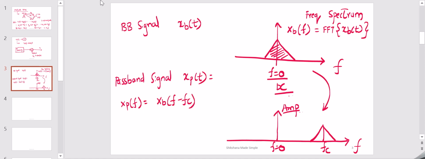Agreed? If we do this operation, the signal present at f is equal to 0 will be shifted to f is equal to fc. But if we want to write it in the time domain, then we need to do the inverse FFT operation. So this will look like xb of t e to the power of j 2 pi fct. Correct?